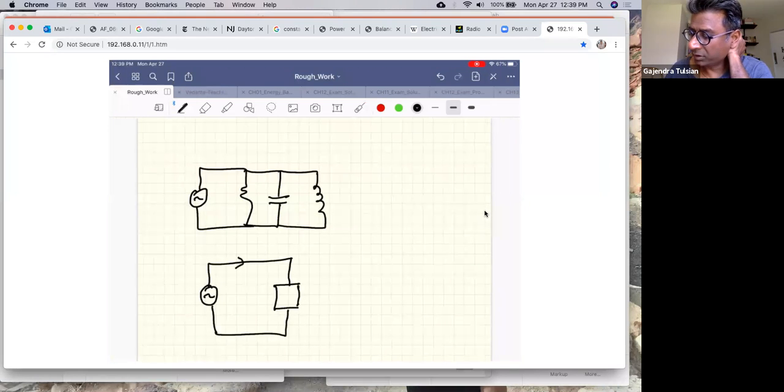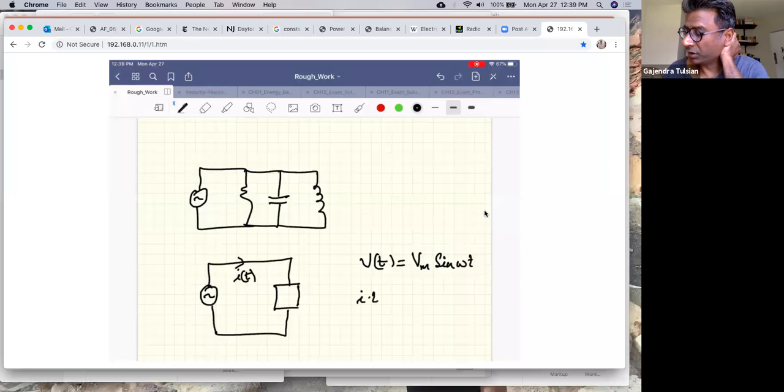What we are interested in is this AC source, the voltage as a function of time is given by Vmax sine omega t, and we will be interested in the current as a function of time, which will be Imax sine (omega t minus phi), okay. So what this is telling you is there's a phase shift between voltage and current. What this tells you is that the current doesn't keep in step with the voltage, okay.